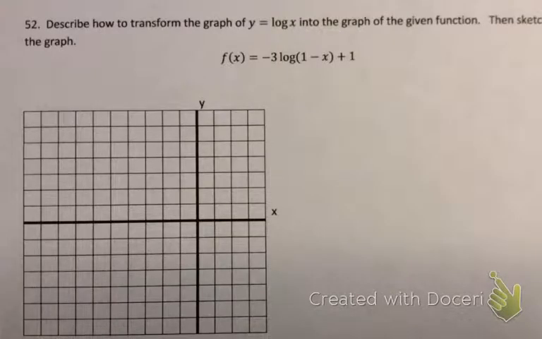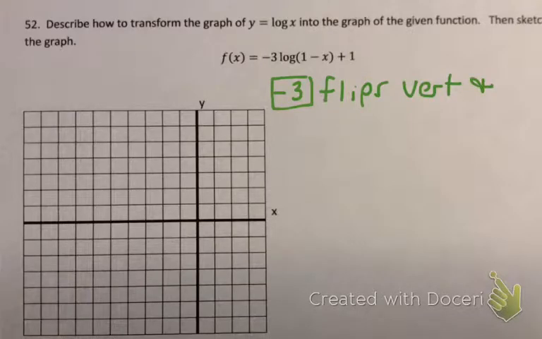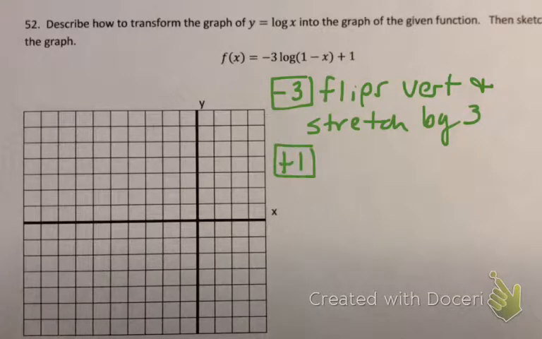Then on number 52, same set of instructions but with a little more going on. We've got a -3 as our a, which flips the graph vertically, and a stretch by 3. The +1 outside moves the graph up 1, and then we have to be careful about the inside because the x has a minus and then there's another number in there too.